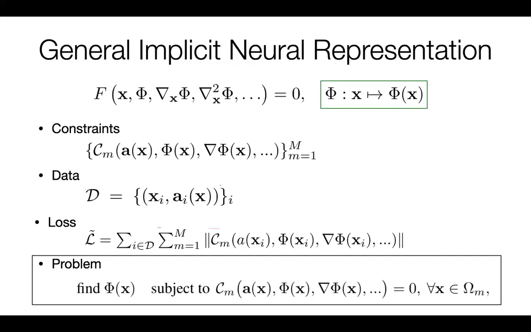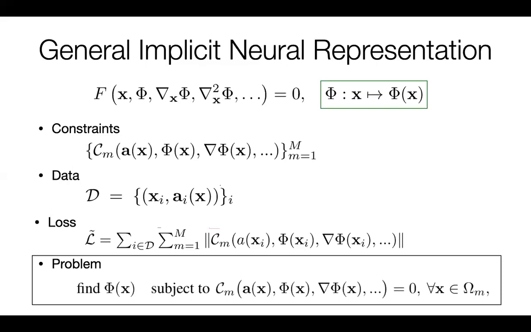And the way he generalizes it, you have a functional that has to evaluate to 0, that considers the coordinate points and a network phi that evaluates the coordinate.